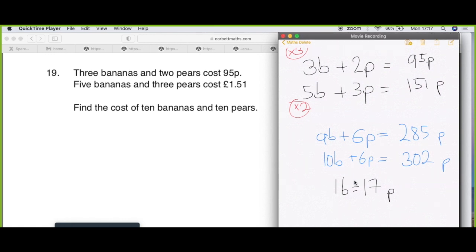Now that you know the cost of 1 banana, that's 1 banana, how do you use that to work out the cost of the pear?